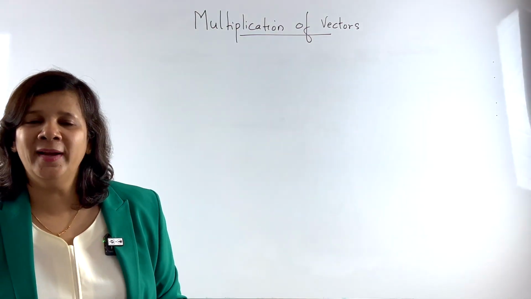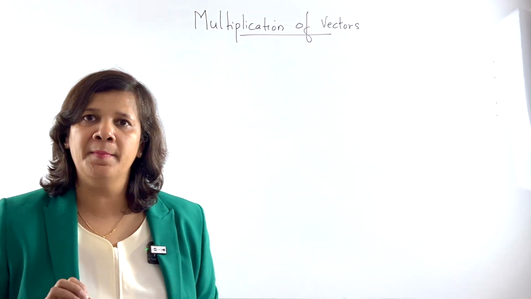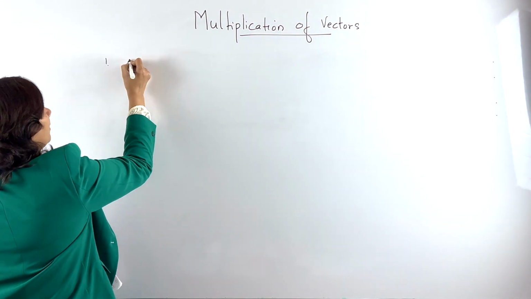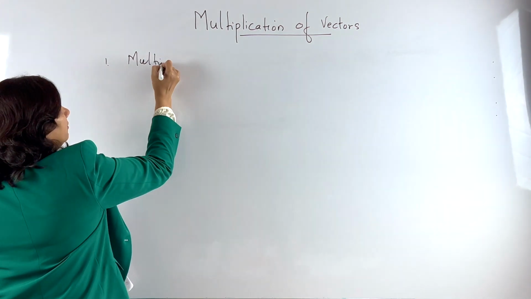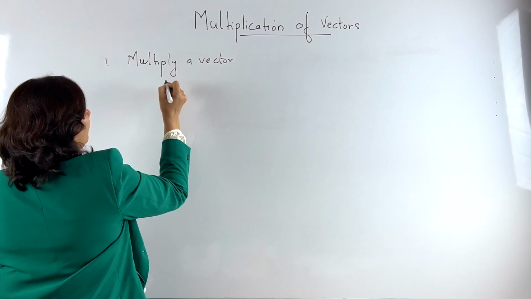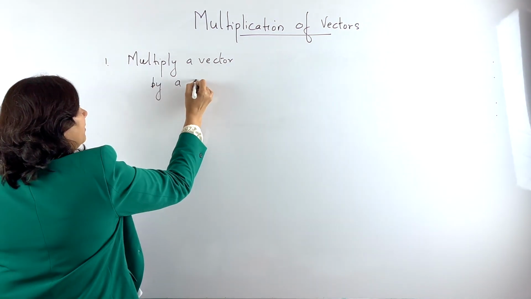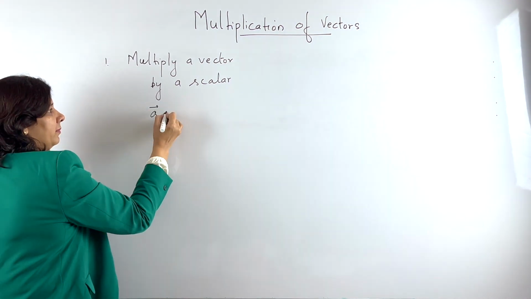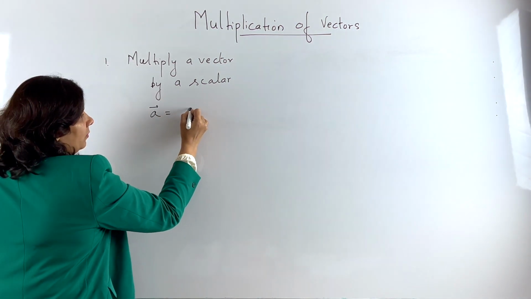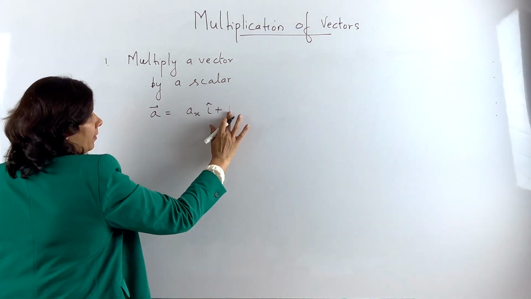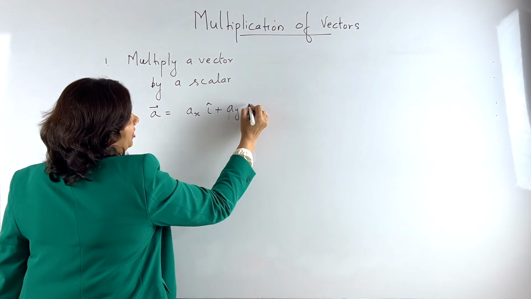Okay. So let us first multiply a vector by a scalar. So what does that mean? Multiply a vector by a scalar. Let us take a vector A, ax i cap plus ay j cap.